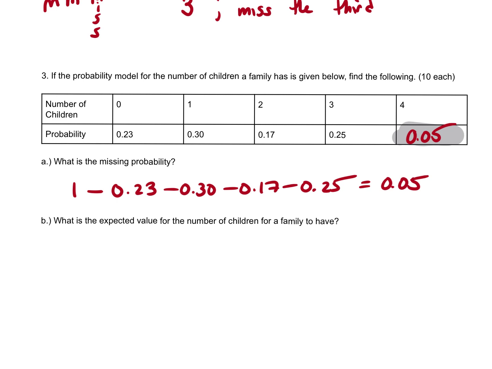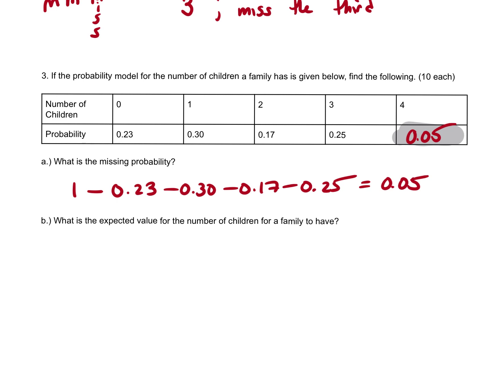And so now B says, what is the expected value number of children for a family to have? So again, if I keep looking at lots and lots of families from this probability model, what is the average number of children they would have? Probability works very poorly in the short run, but in the long run, if you keep looking over and over and over, the average value or the expected value is pretty predictable.